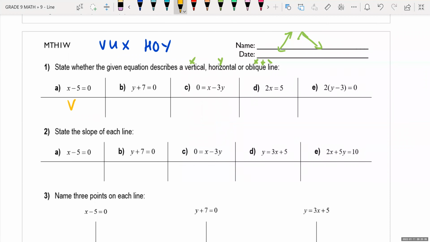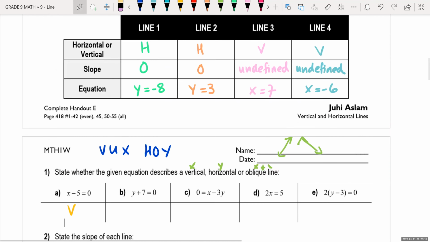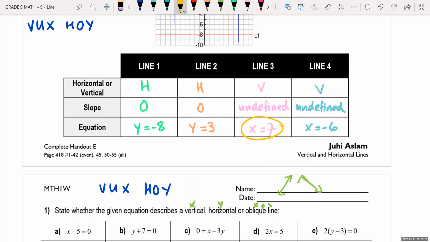Good. How do we know that? Well, remember VOOCs, every vertical line has X is equal to something. And when we go back up here, you can see that all of our vertical lines had an equation where it was X is equal to something. So anytime you have an equation with just the letter X, you know it's going to be vertical.